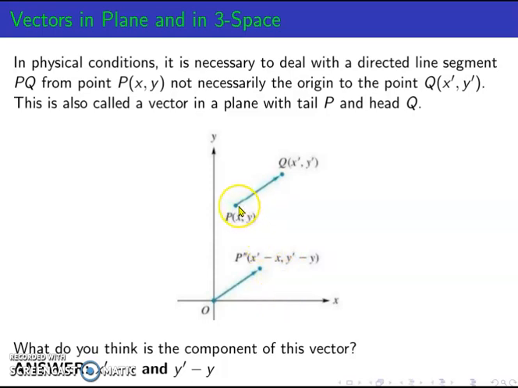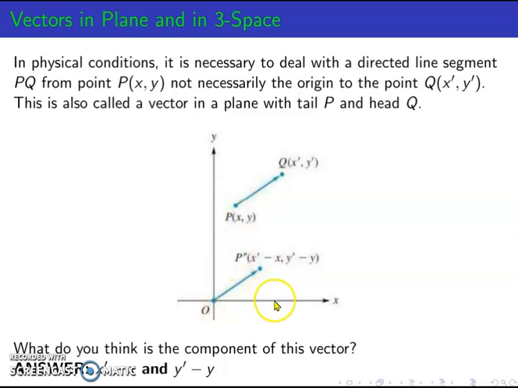And note that the x component is this vector here, from here to this point here. And the y component is this. If you compute this distance, that is just x prime. So the length from here to here is x prime minus x.